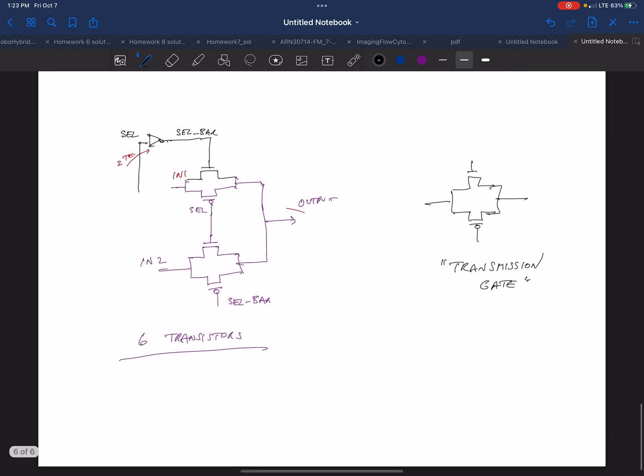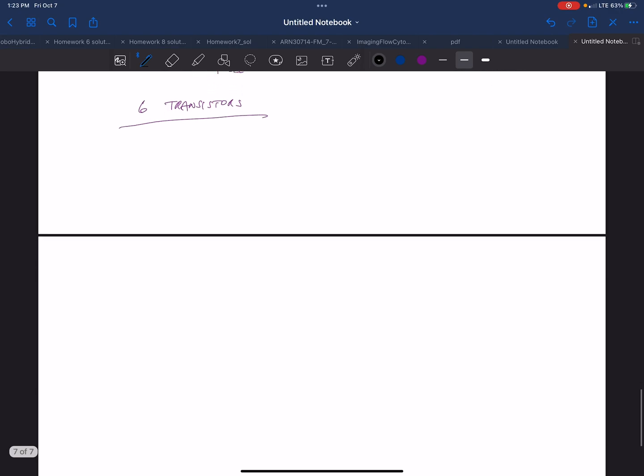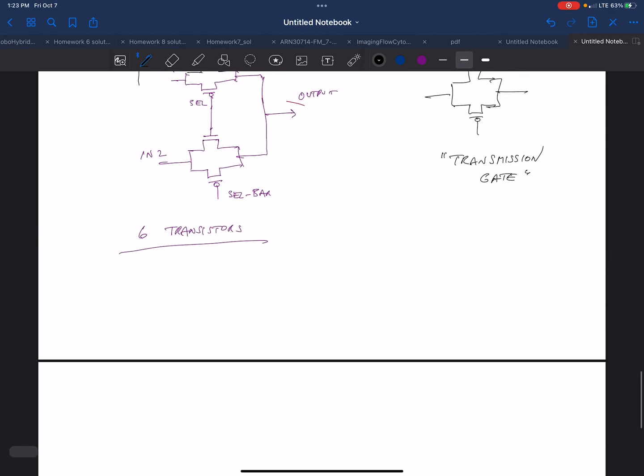This is why, when we looked at the latches, if you guys remember the latches, or flip-flops, in their inputs, when we wanted to enable their inputs with the clock, we had a transmission gate at the input. So this was a latch.